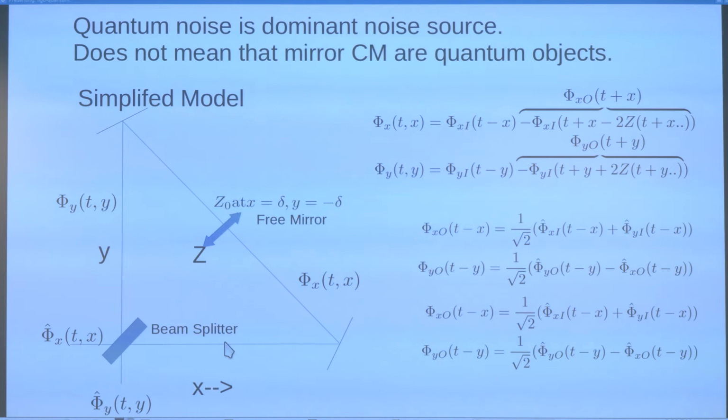The mirror is a unitary device, and so the two orthogonal modes coming in here or coming in here get distributed into two orthogonal modes, namely plus and plus, or plus and minus, which are orthogonal to each other, going up those two branches.